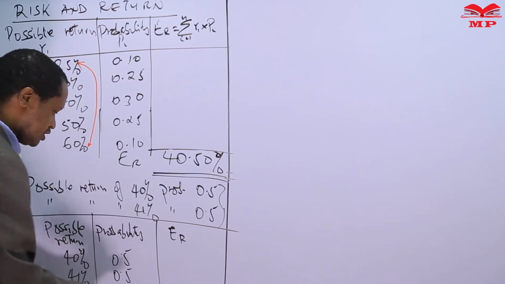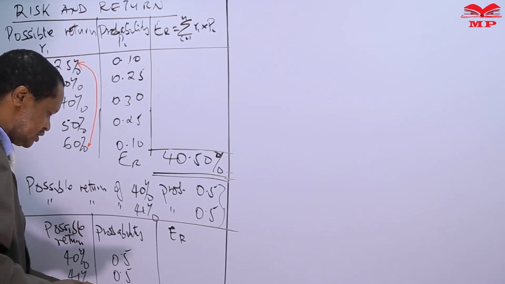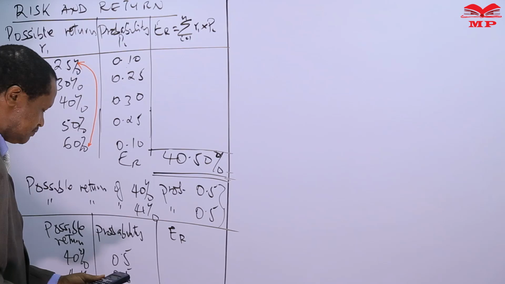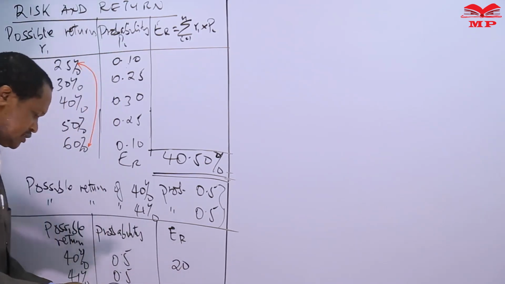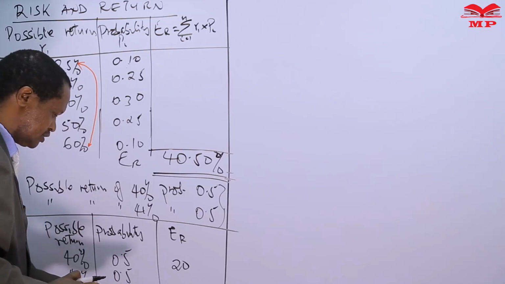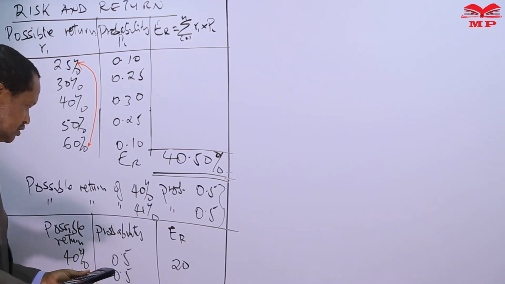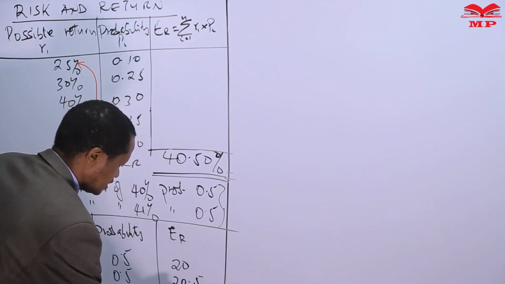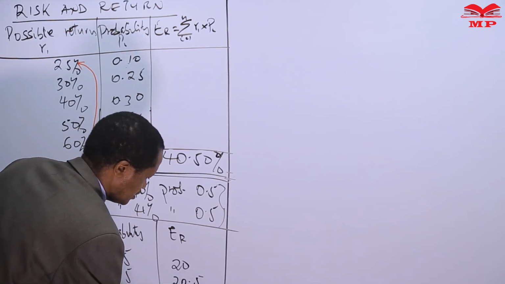If you are to get the expected return, we'll have 40% times 0.5, which is equal to 20%. Then next, 41 times 0.5, this is 20.5%. The expected return here is 40.5%.